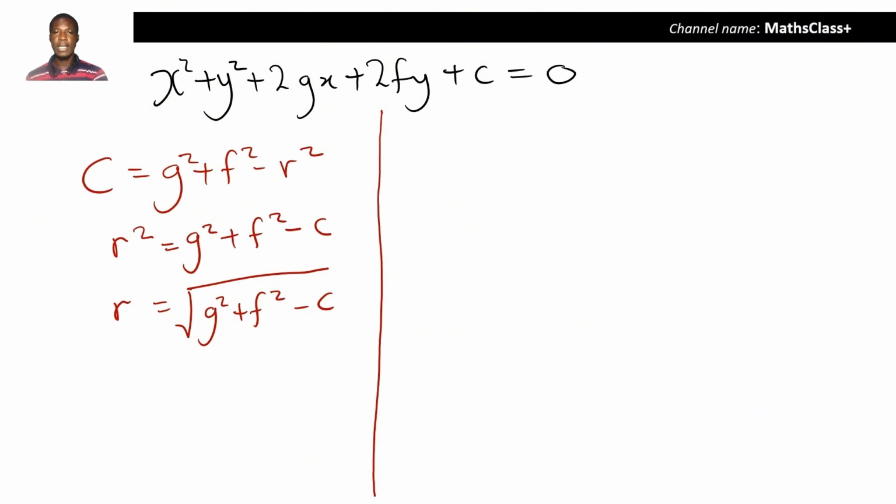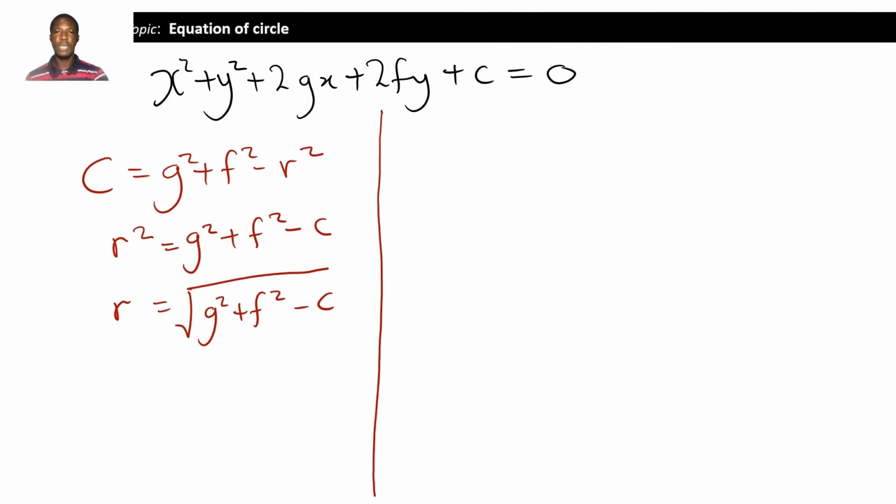Now, the first thing we need to note is that for every equation of a circle, the highest power of our variables will be power 2.